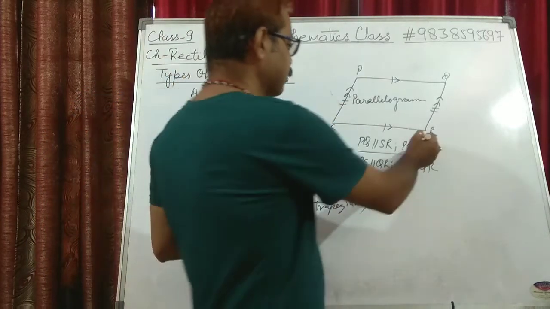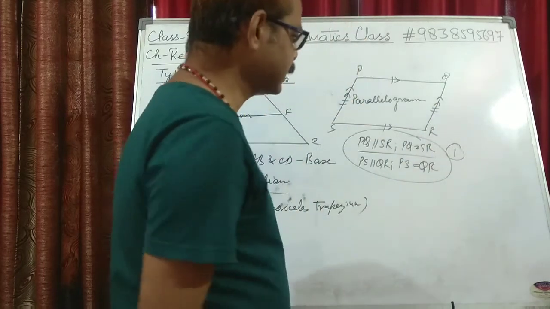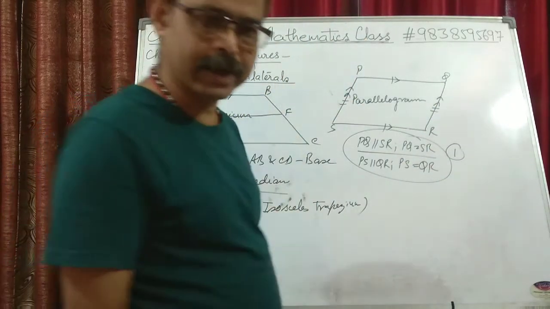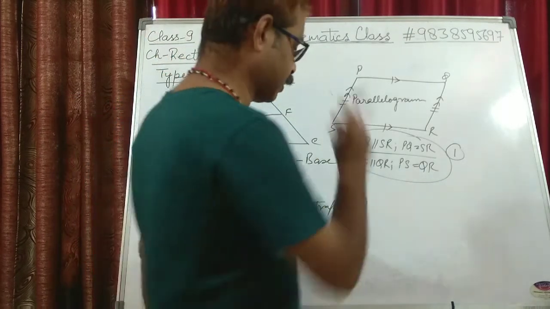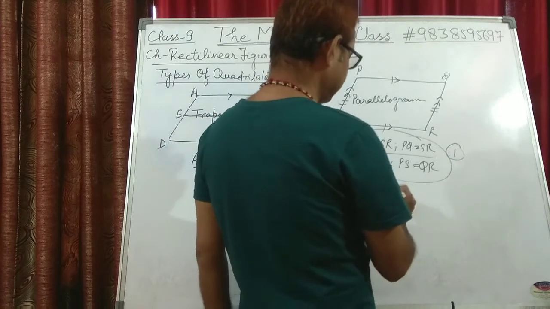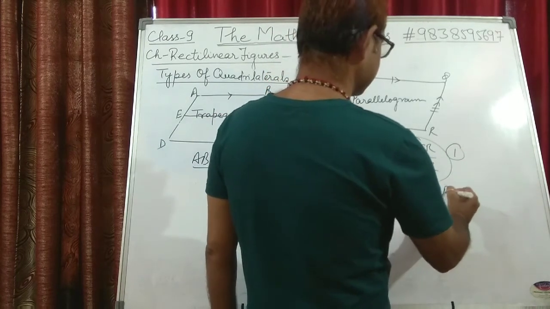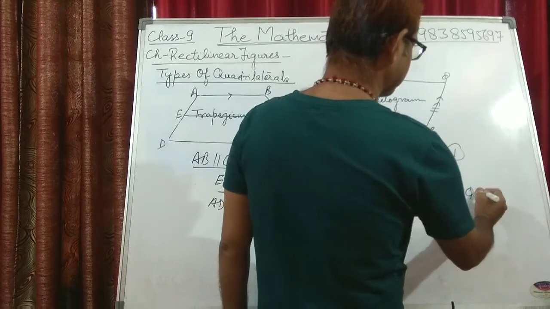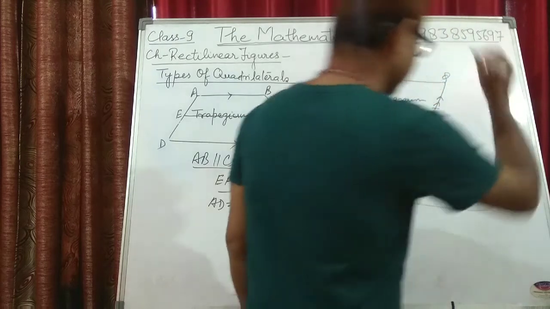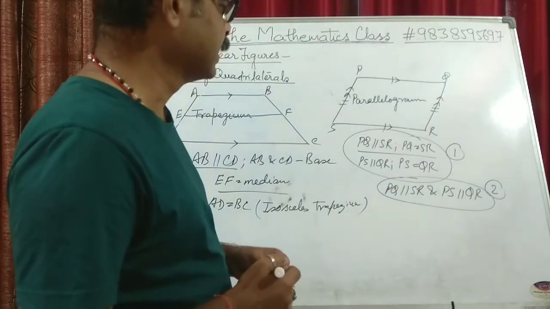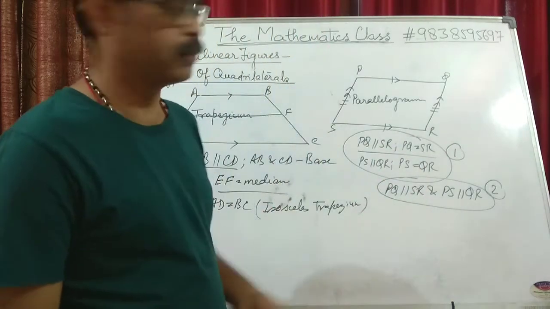This was the first point. Or we can say both pairs of opposite sides are parallel. Means if PQ is parallel to SR as well as PS is parallel to QR, this is the second point, then if this condition is satisfied, PQRS, a quadrilateral, will be a parallelogram.